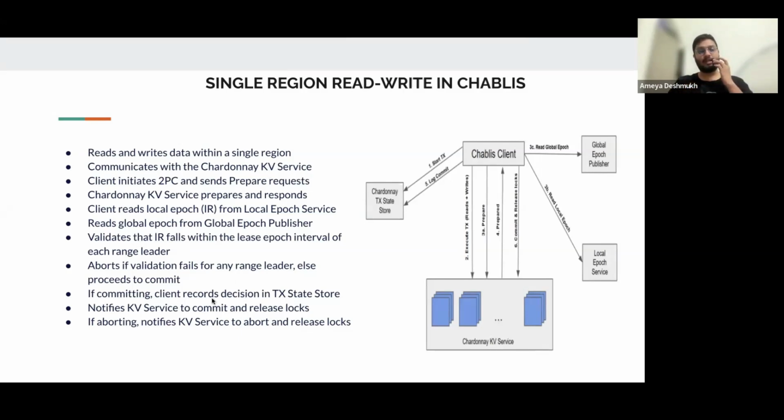You validate this, and the transaction aborts if it fails for any range leader. Else, you commit the transaction, stored in the transaction state store, notify the key value service that you have committed the transaction, and release any locks. And if you're aborting, in the case where the replicas don't agree on the lease epoch interval or LR, you notify the key value service anyway to abort the transaction and release any locks.